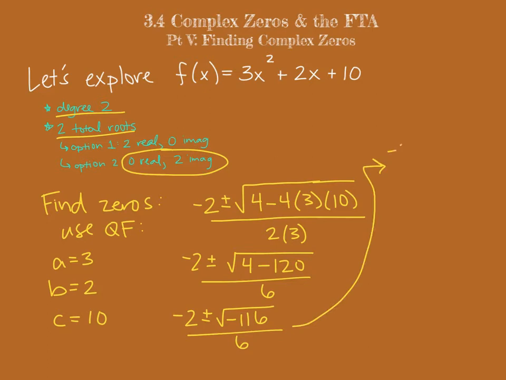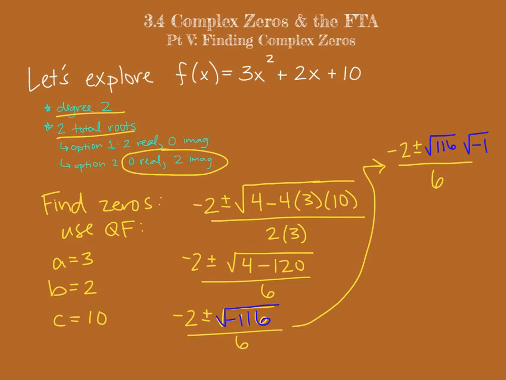So we'll have negative 2 plus or minus, then we need to break down the square root of 116. We know that we're going to have the square root of 116 and then the square root of negative 1. Now, 116 is not a perfect square. Therefore, we're going to have to break it down.